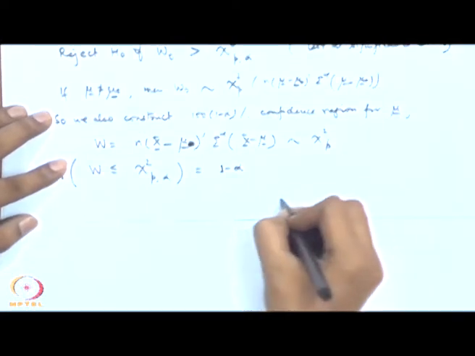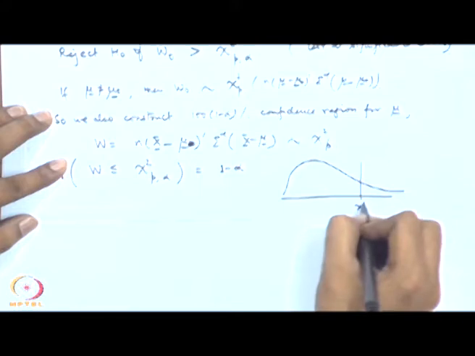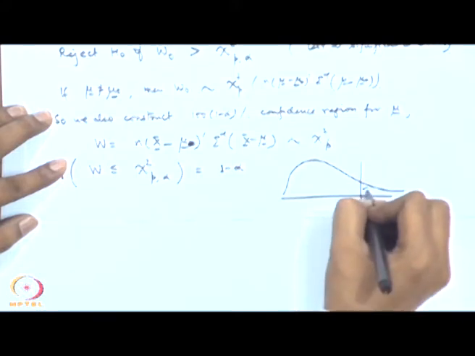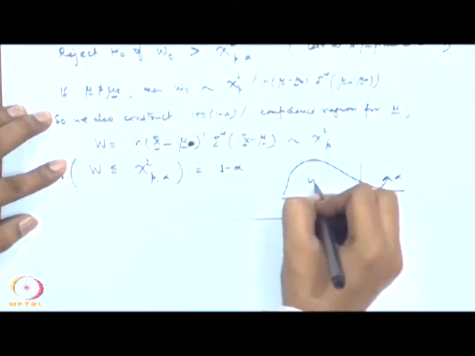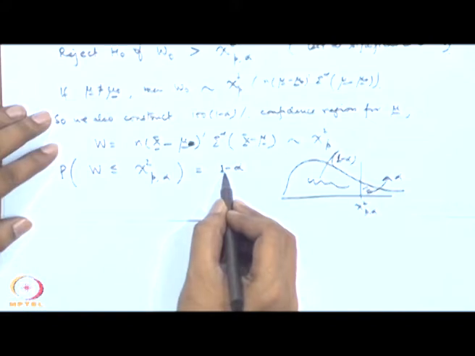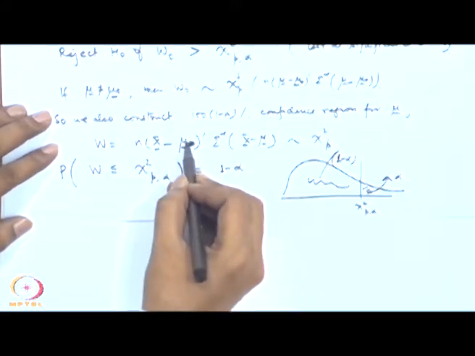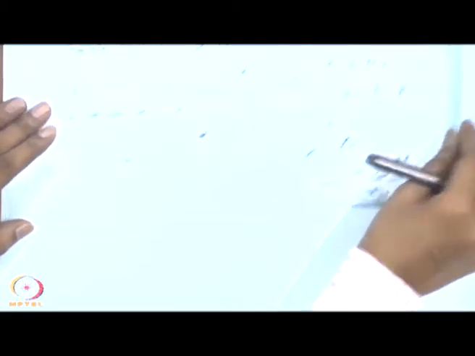So, because if I consider this region chi square p alpha, this is the point, this probability is alpha. So, this probability is 1 minus alpha. So, if I consider this portion, now here I consider the set of those mu's for which this is satisfied.